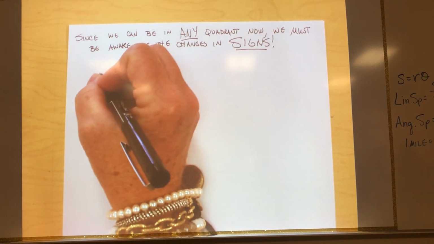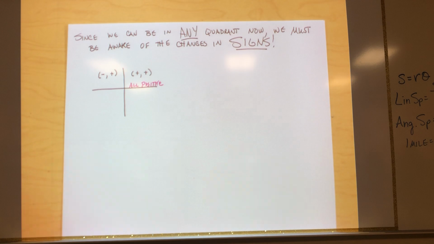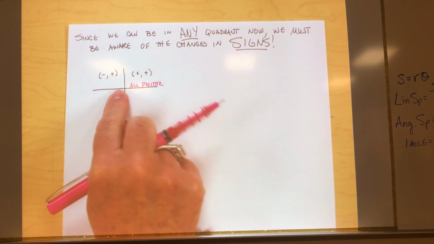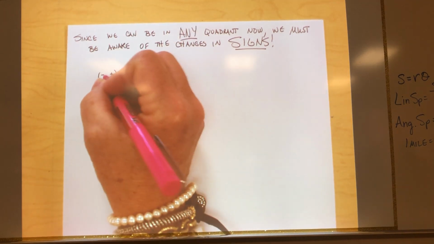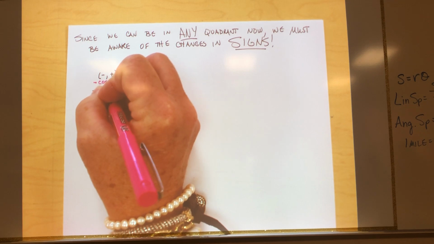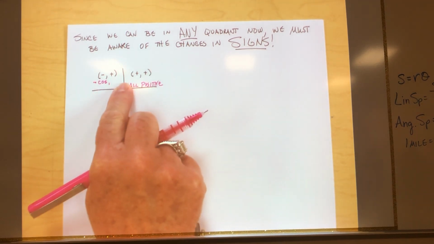Yeah, the second quadrant's gonna be negative, positive, all right? So that means that anybody that has an X in it is going to be negative. Do you agree with me? Yeah. Okay, so obviously, who's the first one that you come to? Cosine. Cosine is gonna be negative. And if cosine is negative, who else is negative?